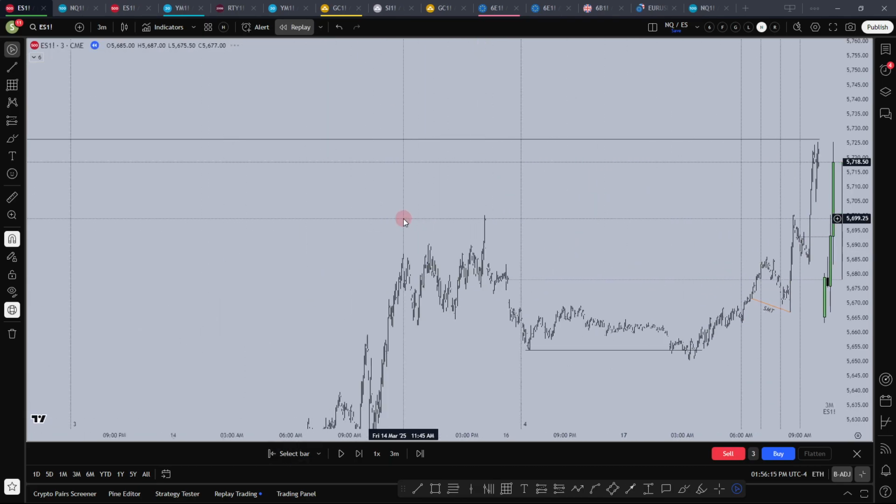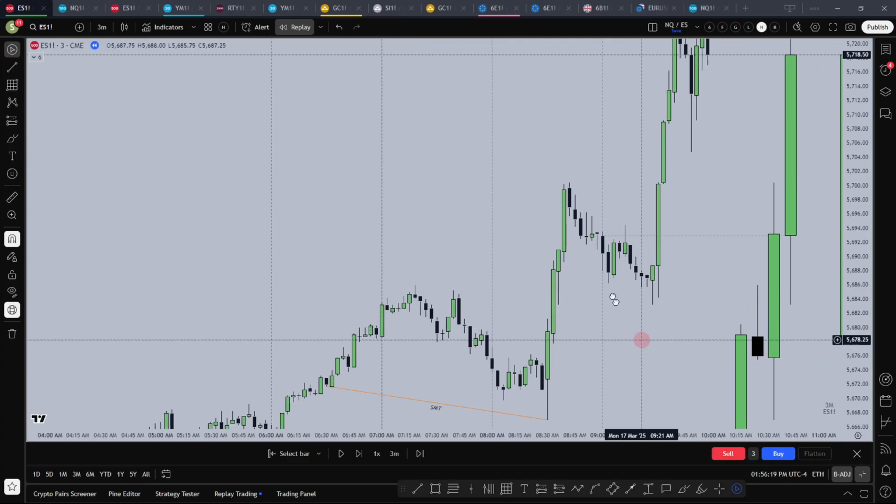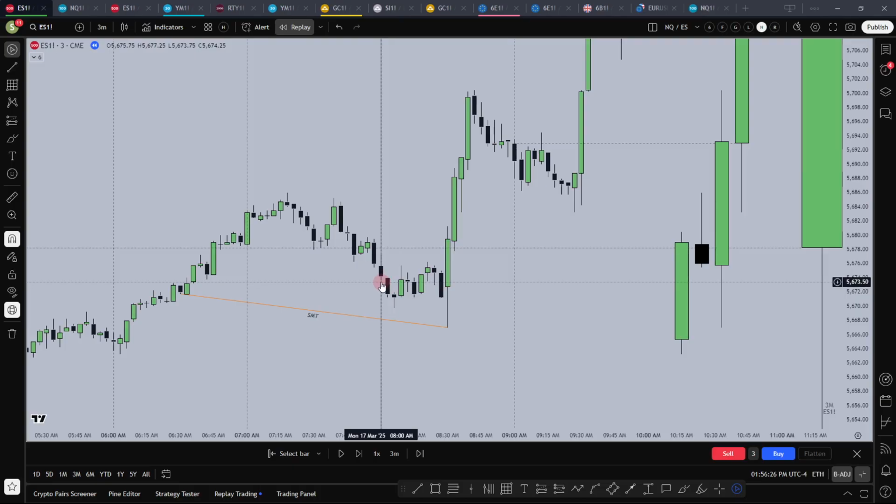Have I marked the draw wrong? No. So London reversal, you can see early New York entries, but sadly you did not get any, and only after 8 a.m. you got an entry, and after 8 a.m. you can switch to M5 M3.